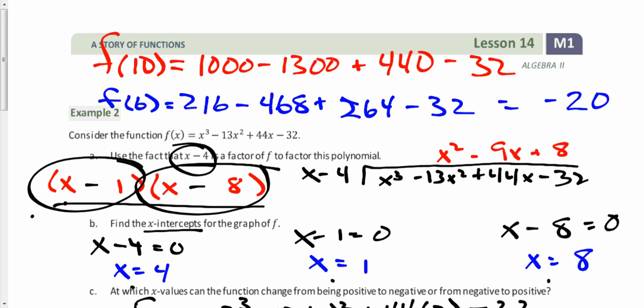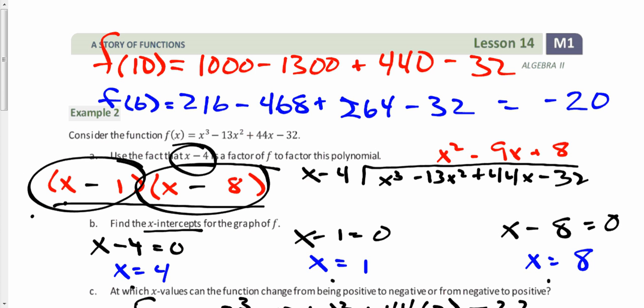So that's negative 300 plus 440, minus 32, that's 108. So at 10, this thing's all the way up here someplace. And this shoots up.